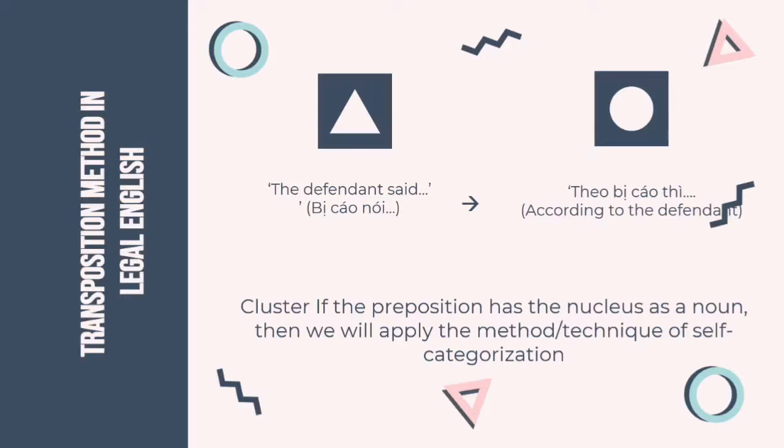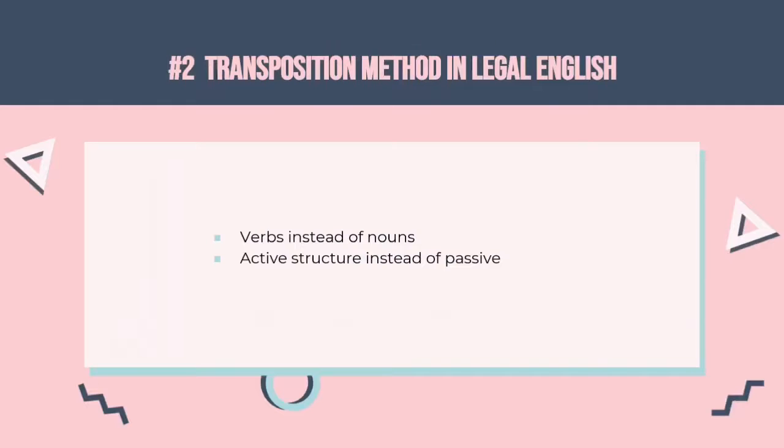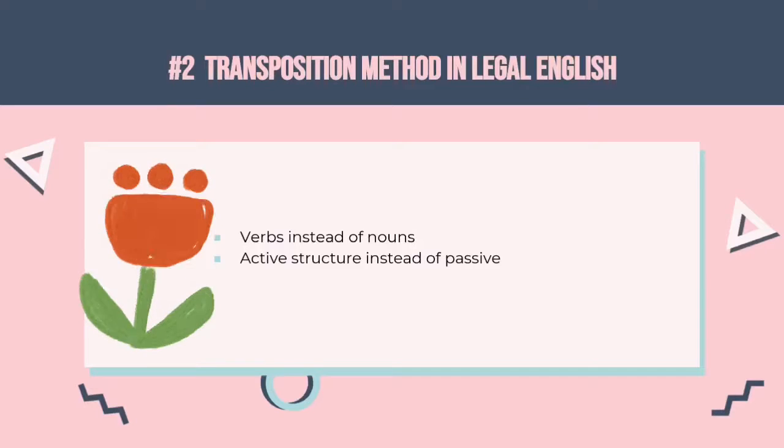Then we have applied the methods techniques of self-categorization. Several self-exclusion methods are used in legal English. The first is verbs into nouns and active structure into a passive structure.